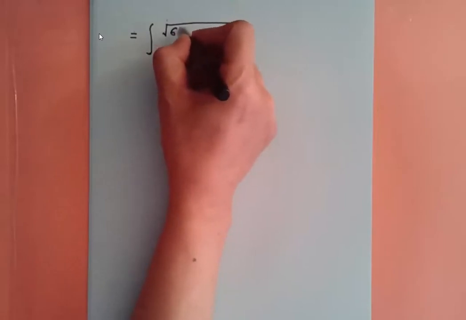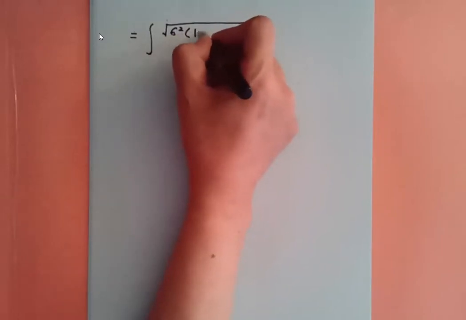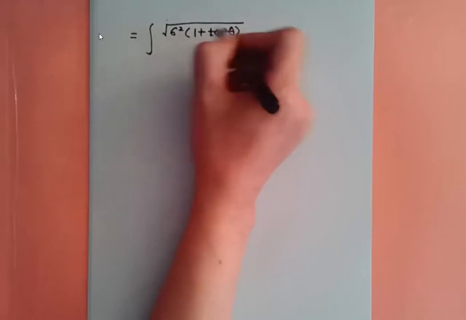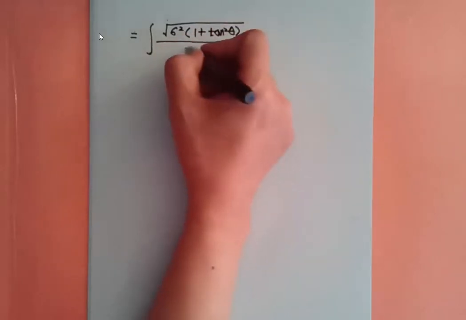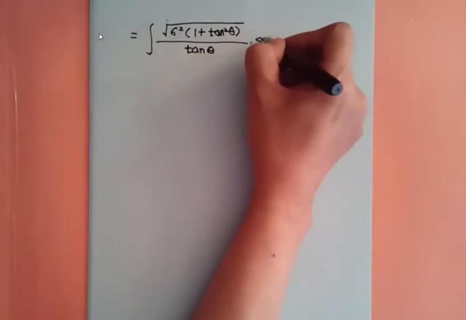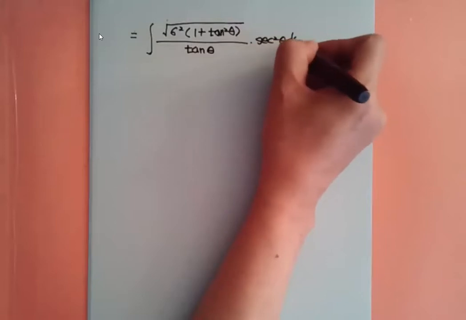That gives the integral of square root of 6 squared times (1 plus tangent squared of theta) over tangent of theta, times secant squared of theta d theta.